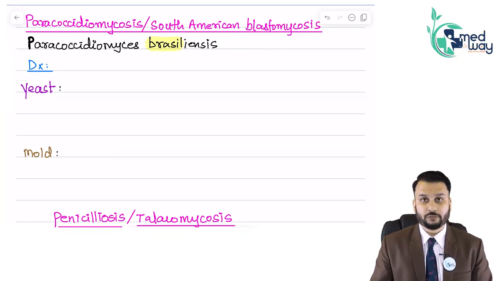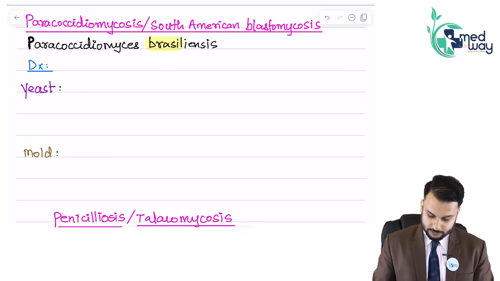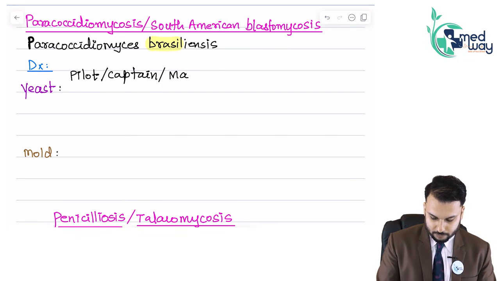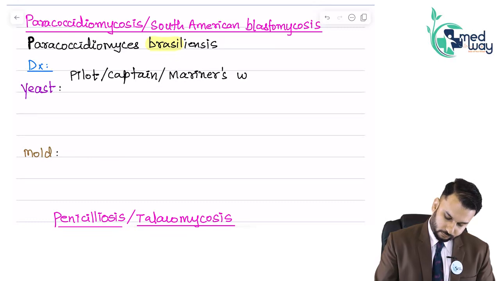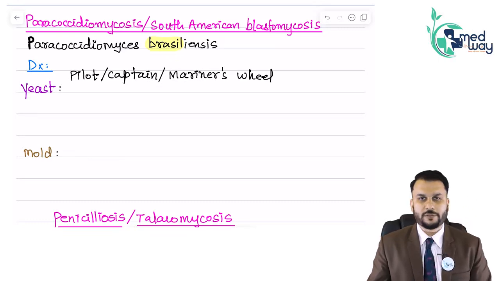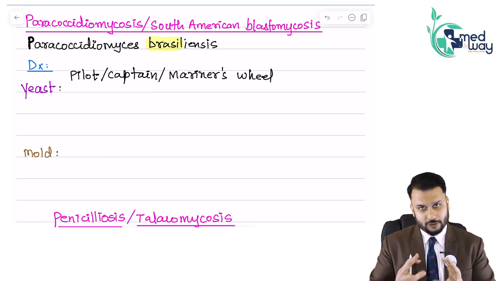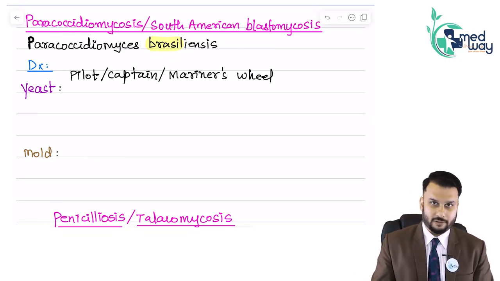Next thing, diagnosis as usual. The yeast form in this has an appearance called pilot or captain or mariner's wheel. You all might have seen the steering wheel inside the ship, right? So that is what is described as the mariner's wheel.